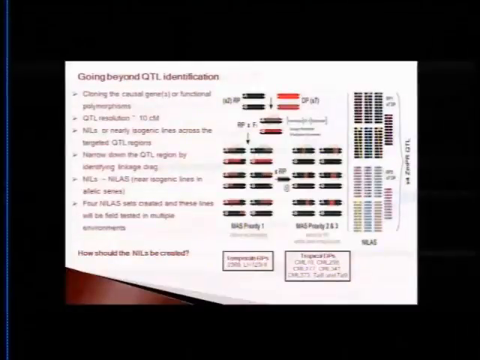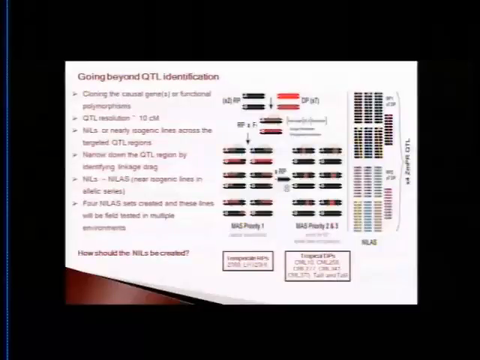And in further backcrossing generations, the goal was to reduce the length of donor segments, donor introgressions, and also select for those individuals which had maximum recurrent parent genome in the background chromosomes.